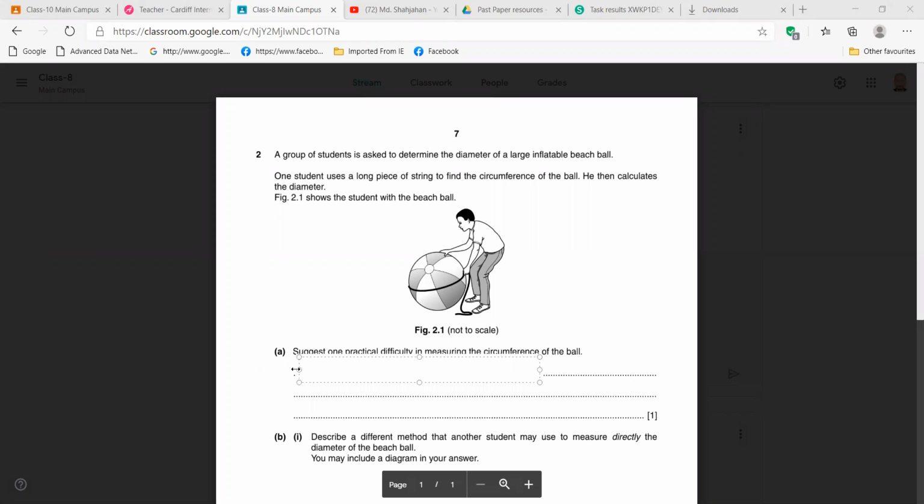Since the balloon is inflatable, I'm sorry, it's a beach ball. Since the beach ball is inflatable, it can have varying diameters.